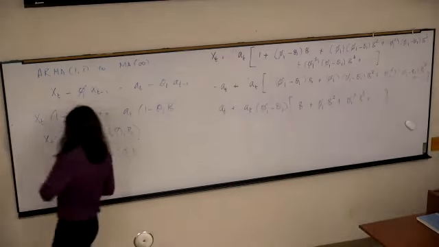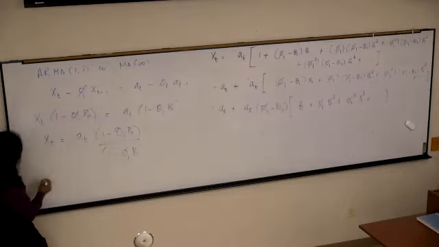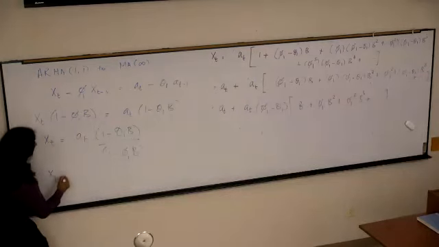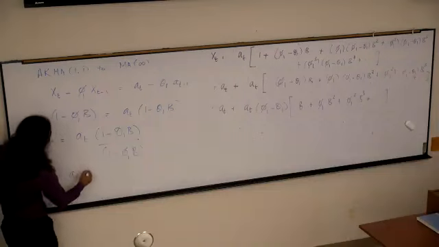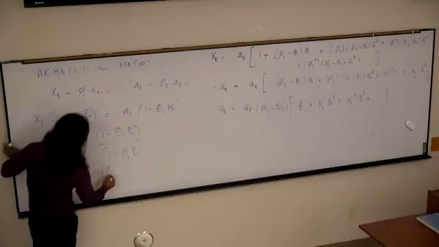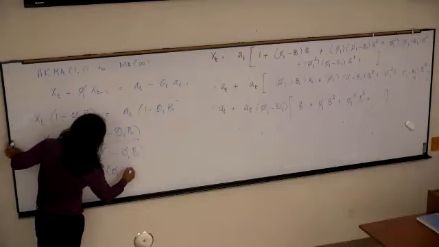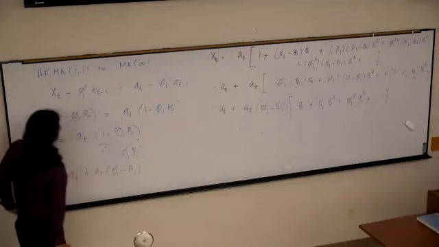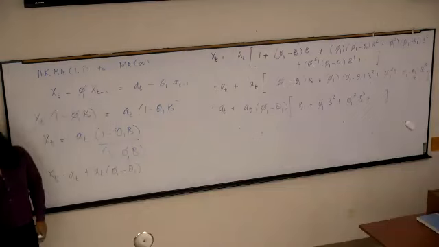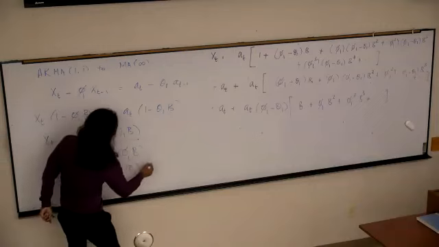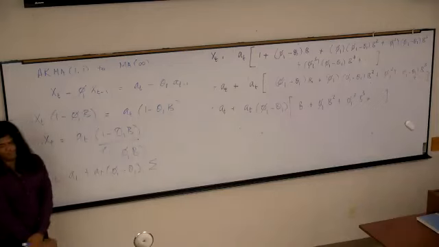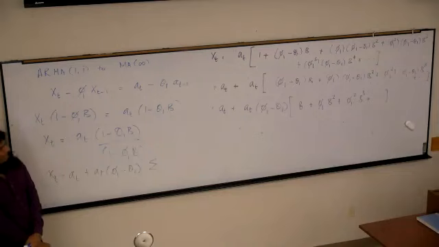Let's write that here. So you start at i equals 0, then it would be like theta i B to the i plus 1.